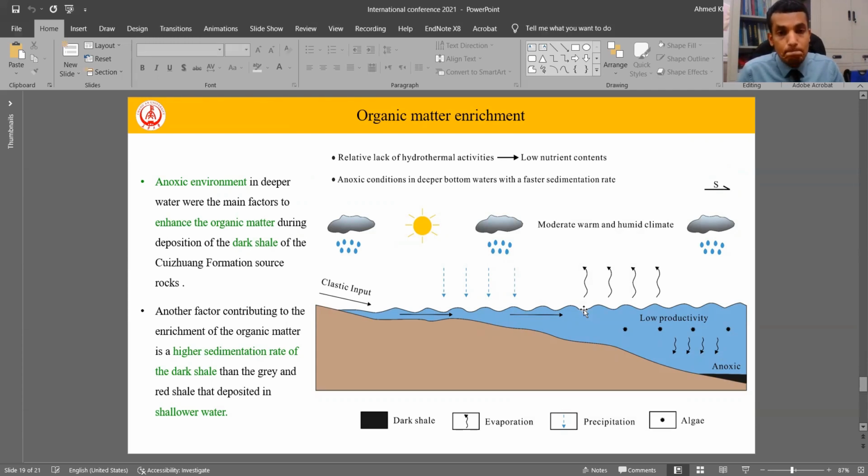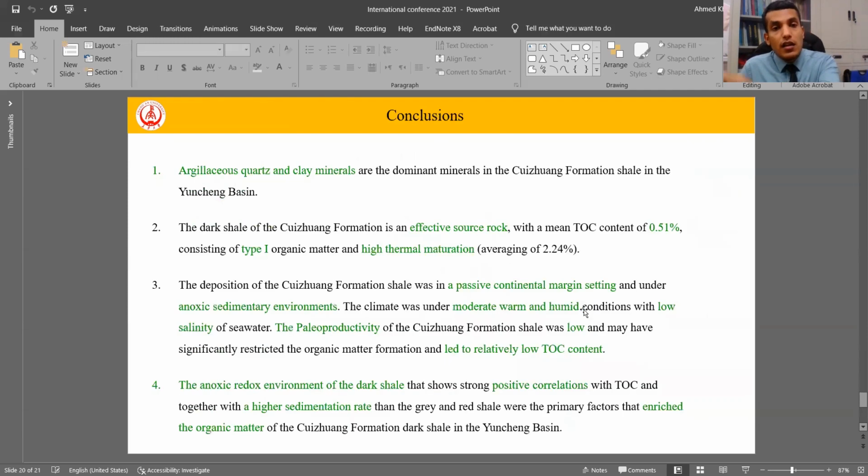The conclusions are presented here. Argillaceous quartz and clay minerals are dominant in the Yuncheng Formation source rock, which is an effective source rock with fair source rock quality, type I organic matter, and high thermal maturity.